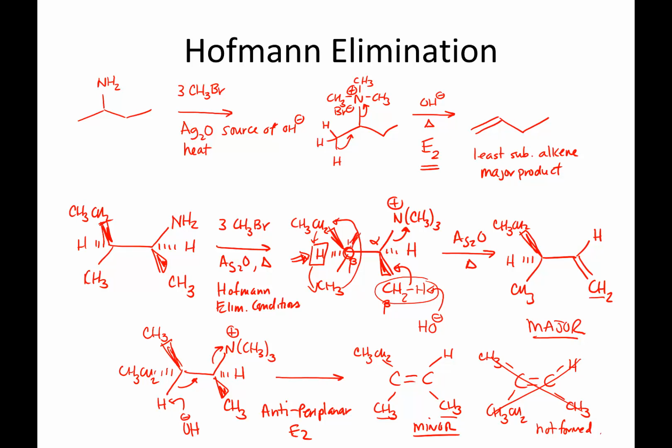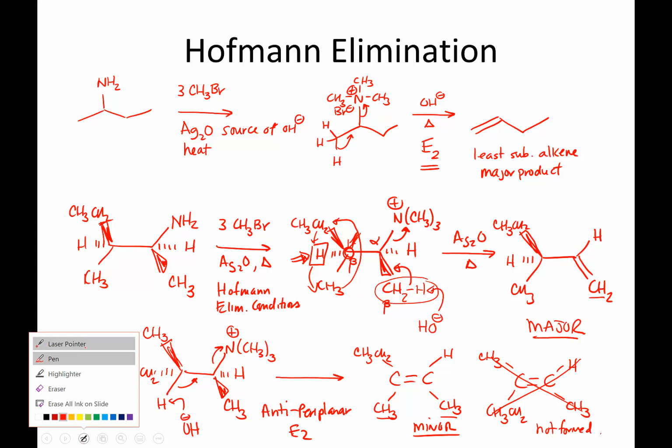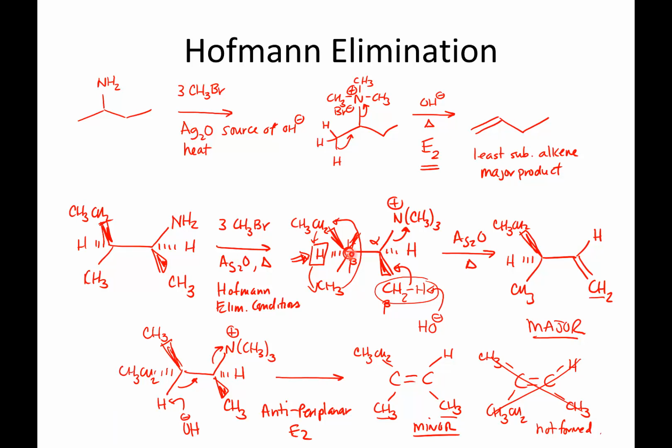In other words, this carbon right here is the one that has stereochemistry, because we have to orient so that the hydrogen is anti-periplanar to the leaving group, and then that will set up the stereochemistry where, again, the two groups that are bold become cis, and the two groups that are dashed become cis as well.